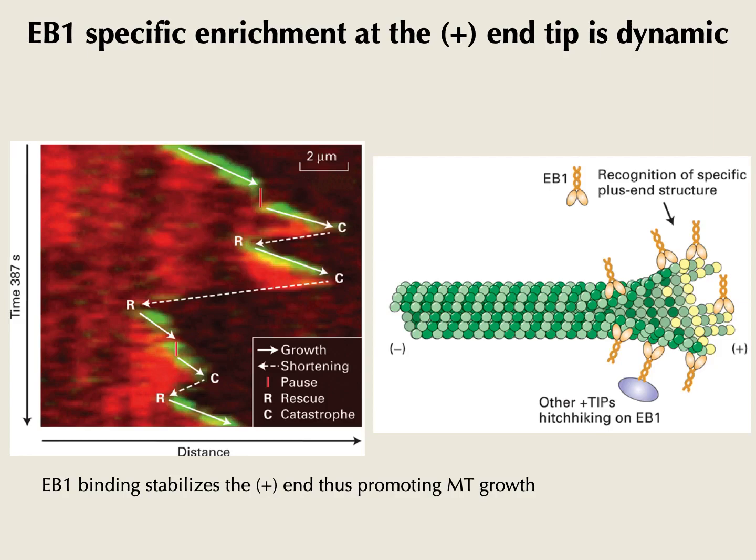So a chemograph is when you plot in one of the axes of the image time, right? So for example, here this is distance. So this would be, imagine you're looking at one microtubule, and you look at this microtubule over time. Okay, so the y-axis going down is the time, right? So you see this microtubule here.